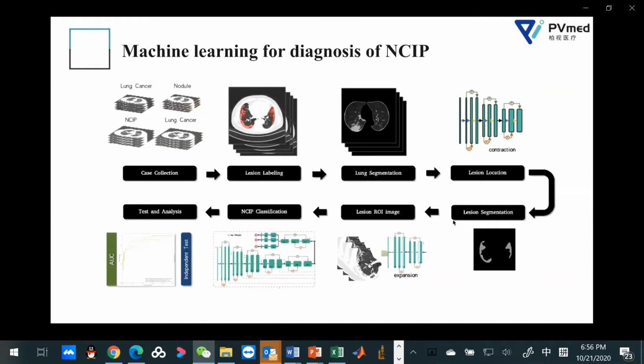In the second stage, we fine-tune the DCNN to predict the case-based probability of NCIP by assembling the most significant location proposals. The last classification subnetwork training is actually included in the second training phase of the lesion detection subnetwork.